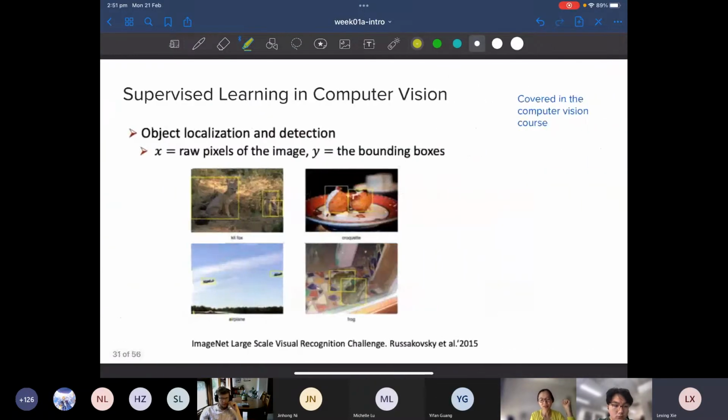Another example that we can illustrate with images is that there are different kinds of learning tasks that can be formulated with complex output such as images. For example, in the last slide we looked at classification, whether there's a dog in the image. In this slide, we're looking at object localization and detection.